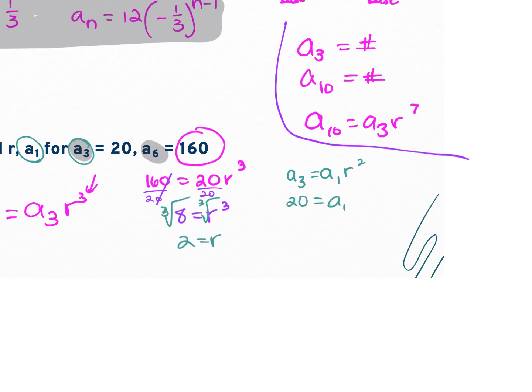The A1 is what I don't know. r is 2 squared. 20 equals A1 times 4. And I get A1 equals 5. Again, I could have taken that A3, 20, divided by 2, that's 10, divided by 2, that's 5. I could have moved it back 2 places doing that too.